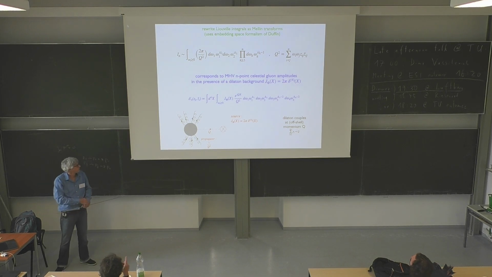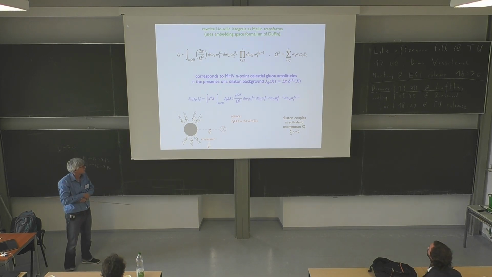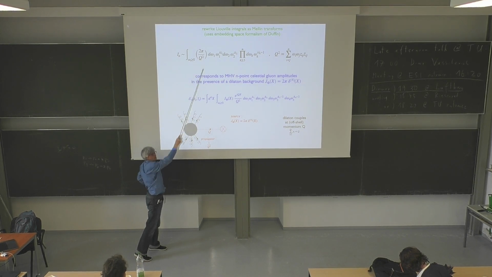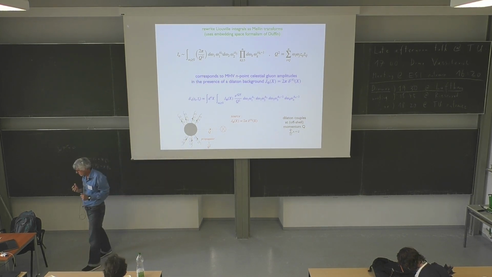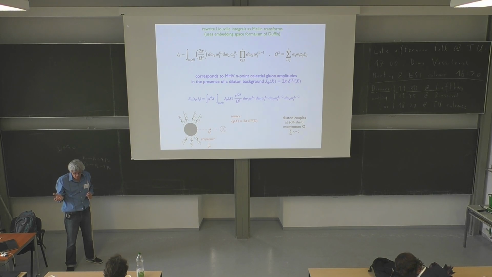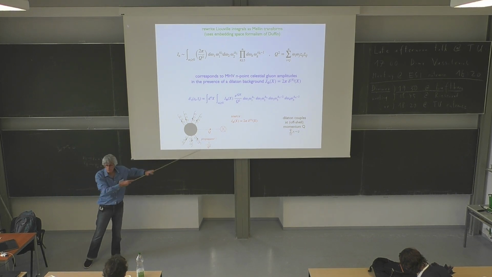Could you see that? From the amplitude, for an n plus 1 point amplitude, so n gluons plus 1 dilaton, this takes exactly the form such that, in celestial coordinates, the amplitude with n gluons plus 1 dilaton assumes the same form as the n gluon amplitude, which is called the Parke-Taylor amplitude, only that you relax momentum conservation.